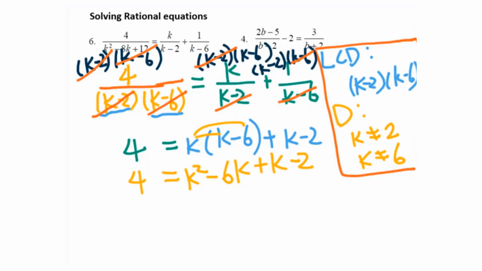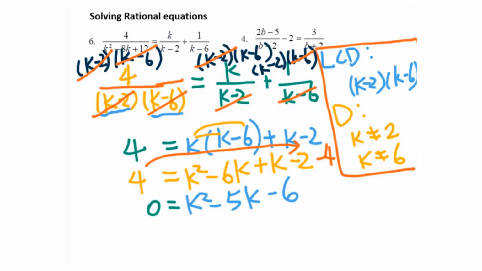It's still a quadratic function. Therefore, move 4 to the other side, minus 4. So I got k squared minus 5k minus 6. Factor, you will get k minus 6 and k plus 1 equal 0.